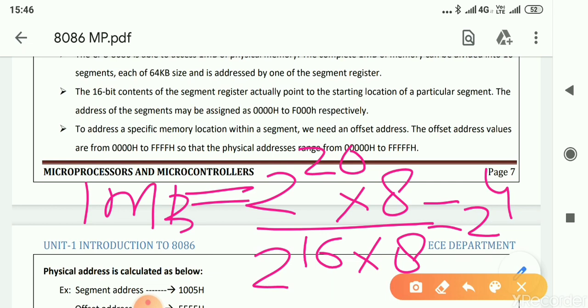So a total of 16 segments can be formed inside 1 megabyte memory, but only 4 segments are available for the user, and all the other segments are free, or a user can use them as free memory. So 1 megabyte memory is divided into 4 segments, each of 64 kilobytes, and these segments are named code segment, stack segment, data segment, and extra segment.